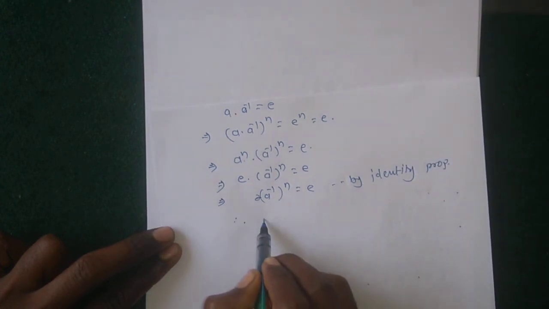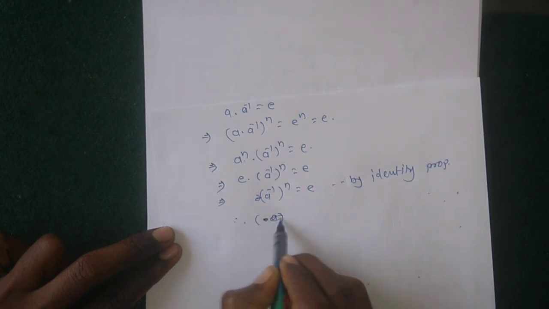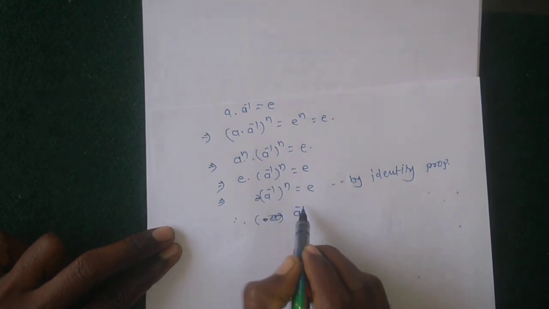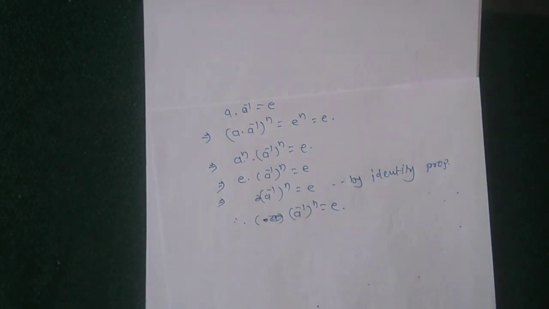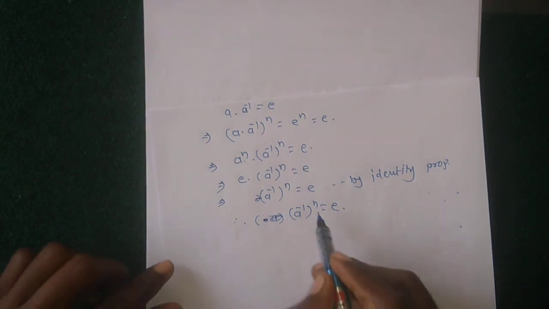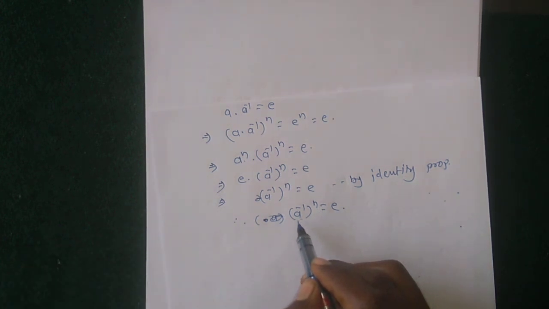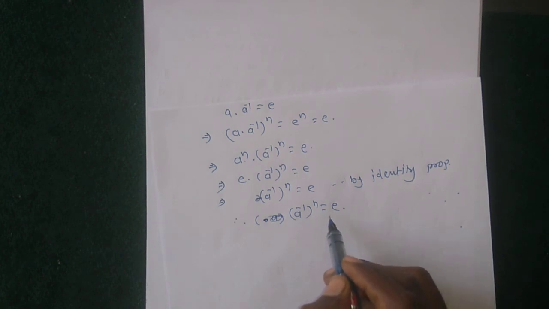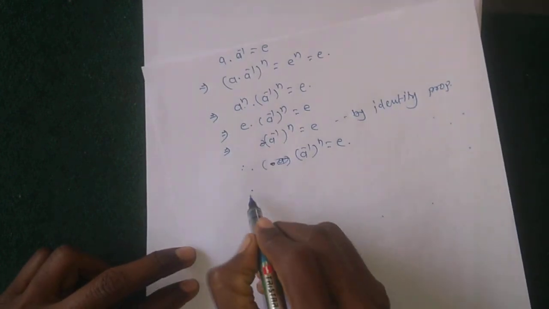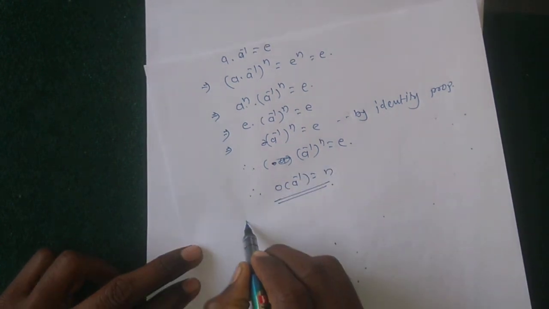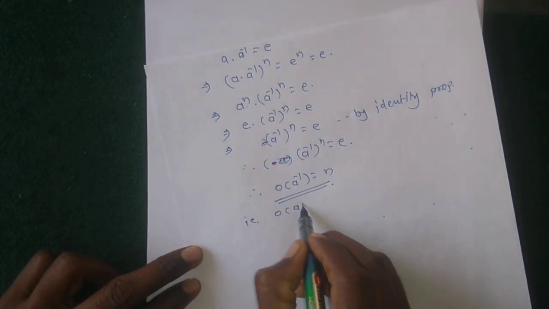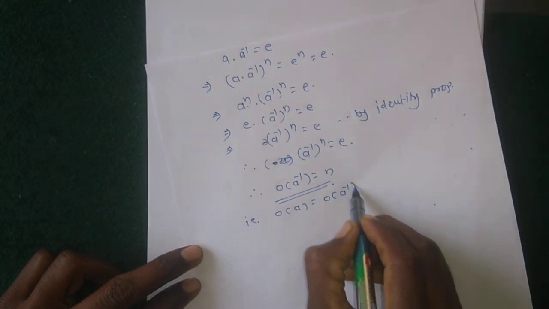Therefore A inverse raised to n equals identity. What is the definition of the order of an element? If an integer n exists such that A inverse raised to n equals identity, then the order of A inverse is n, and that is, order of A equals order of A inverse.